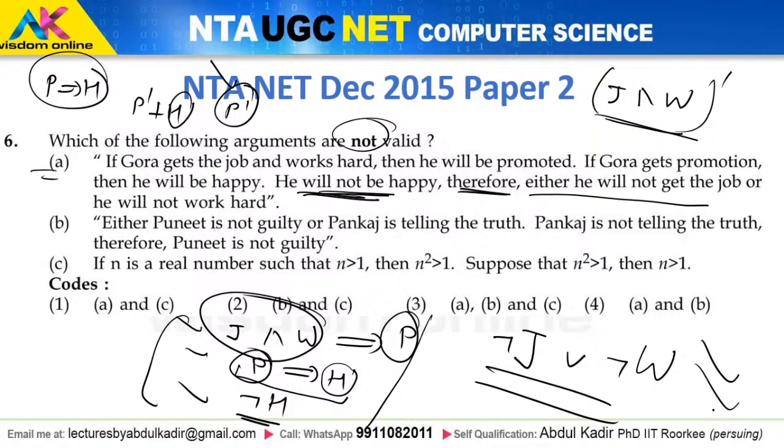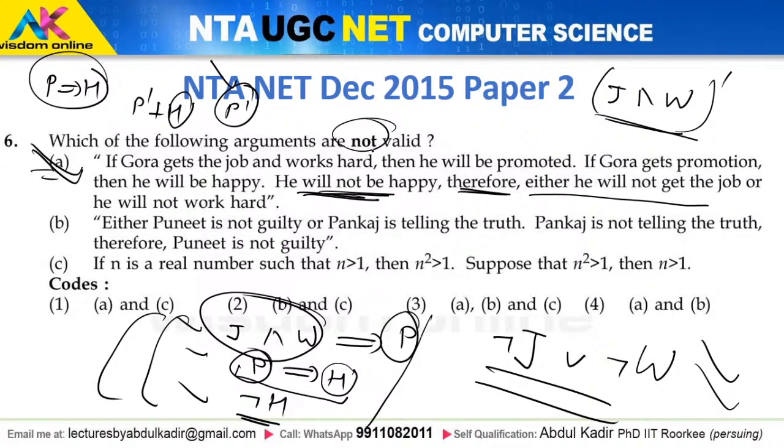Anyone has any doubt right now? You see, I solved this question using our intuitive method. I just took all the premises and saw what they become. So you can see this is a valid argument. In the question he is saying which is not valid.